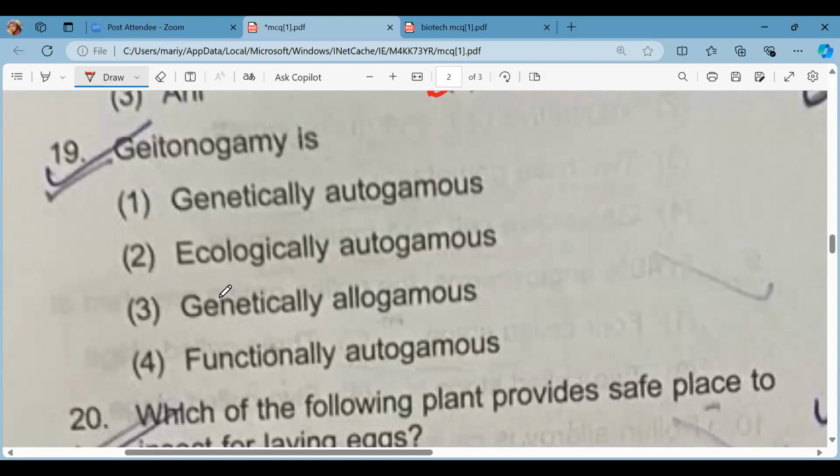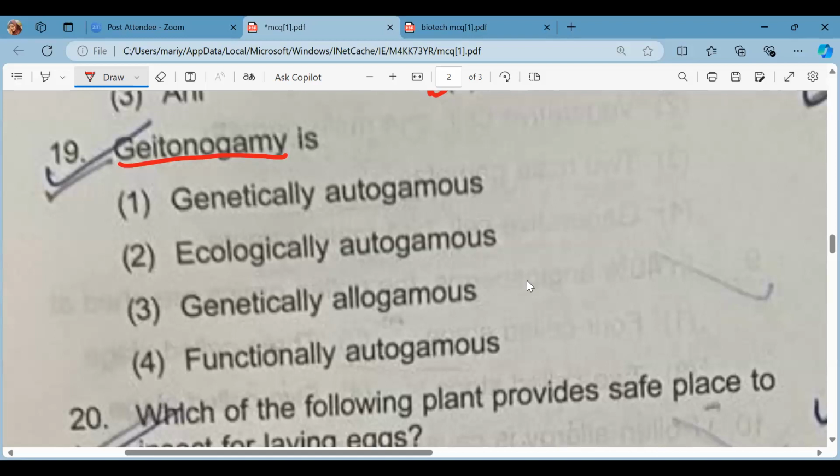Now, geitonogamy. What is geitonogamy? Which kind of pollination is it? Self-pollination or cross-pollination?